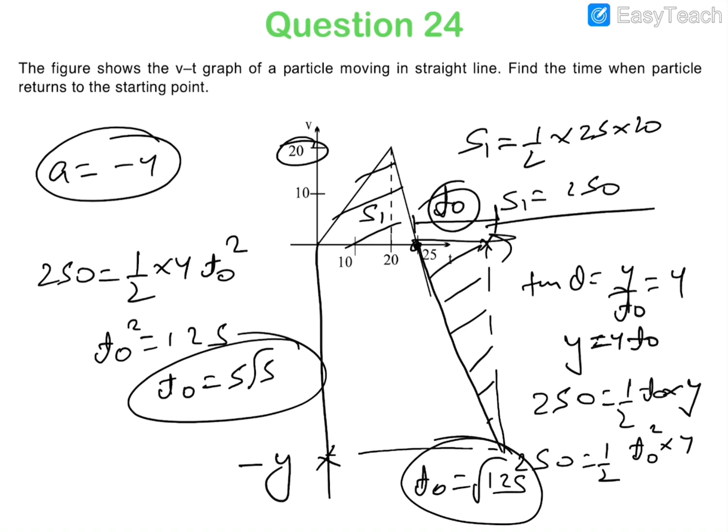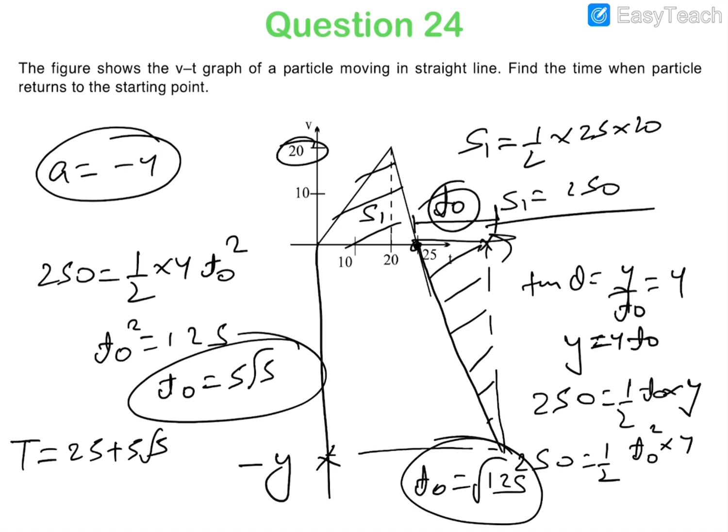These are the two methods of finding this, but the answer is not 5 root 5, because we have to find out the total time. So total time would be counted from t is equal to 0. So it would be 25 plus 5 root 5. Root 5 is, I think, approximately 2 point something.